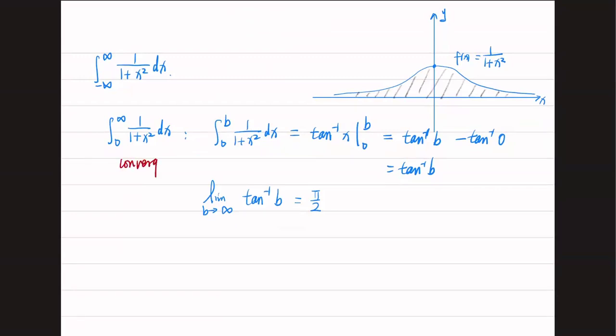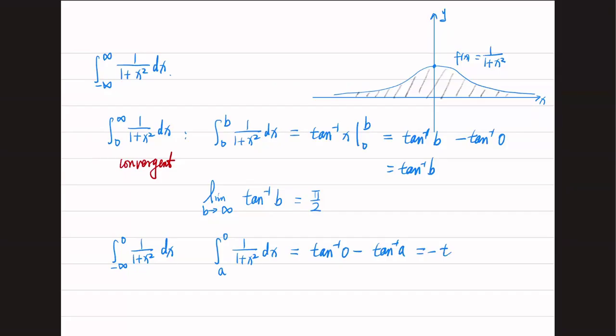The second part. Again, we start with a finite interval. Let's go with a. Similarly, it will be from a to 0, as a goes to negative infinity.